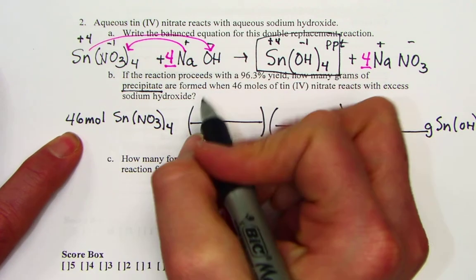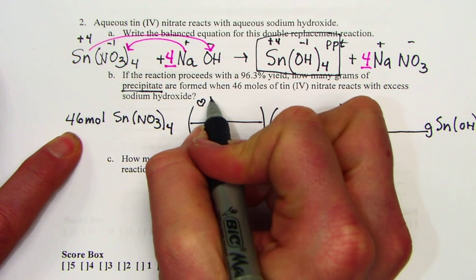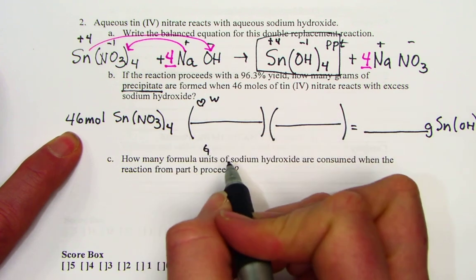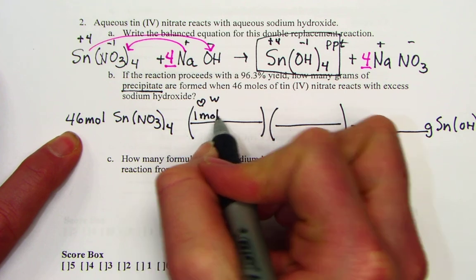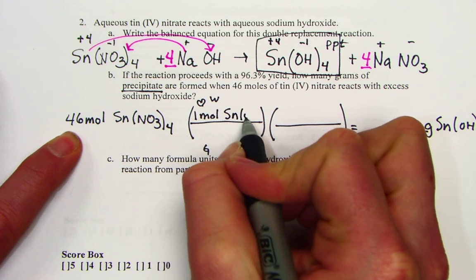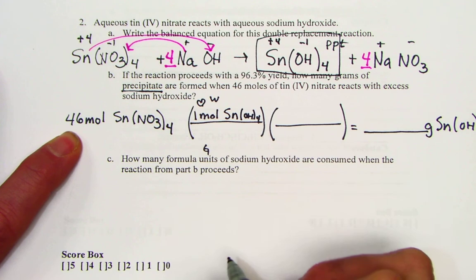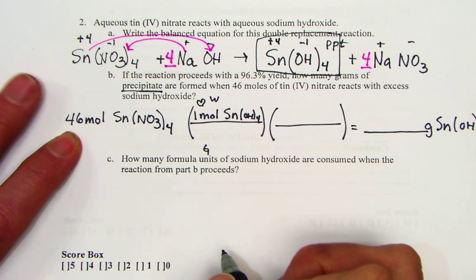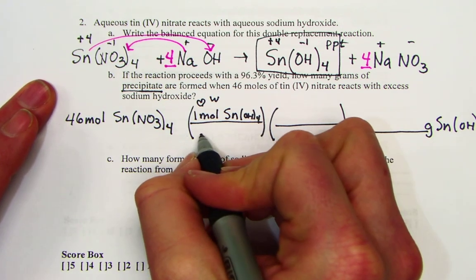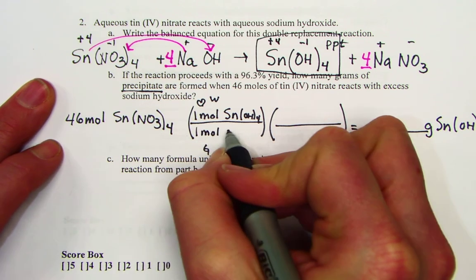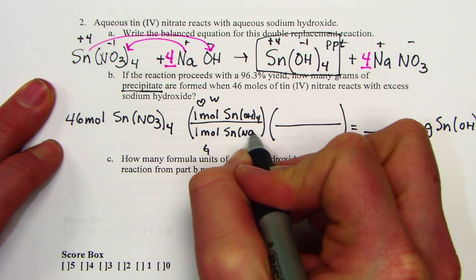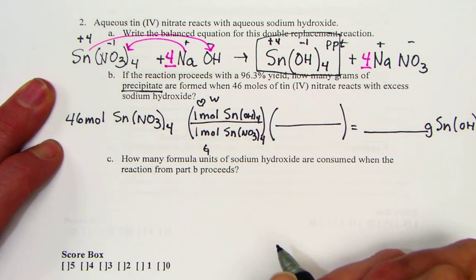Given a mole, we're ready for the heart of our problem, the want over given stoichiometric ratio. We want the tin 4 hydroxide, its coefficient is a 1. Sn(OH) taken 4 times is the precipitate. Starting with the tin 4 nitrate, its coefficient is also a 1. So our stoichiometric ratio is a 1-to-1 ratio.